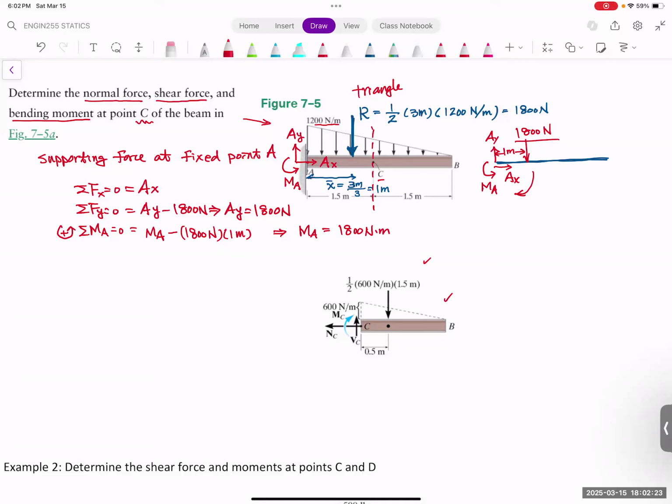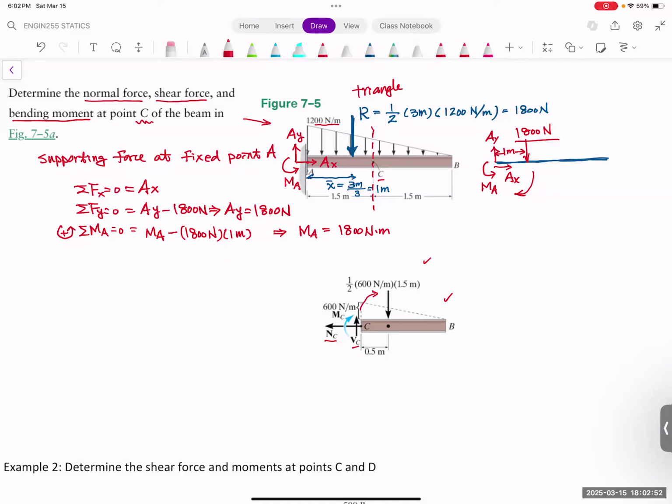When you cut it, it's on the right-hand side. So this is the axial loading, where going out is positive. The shear force here is the force that tends to make it rotate clockwise. So it's going up, because when you go up, it tends to make it rotate in this way, which is clockwise.